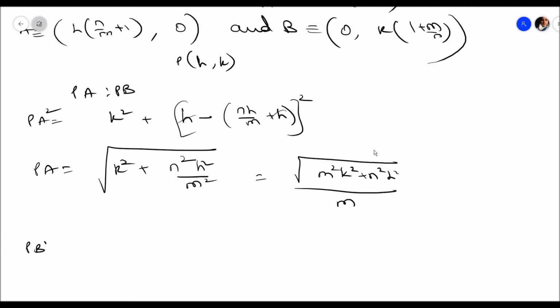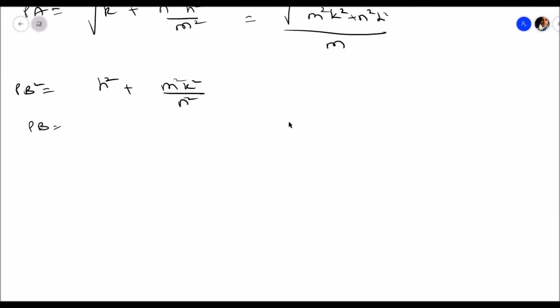Similarly, I'll find PB square, which is the distance between these two. So x2 minus x1 whole square is simply h square, plus by the same logic, m square k square by n square, which gives PB equal to under root of n square h square plus m square k square, divided by n.